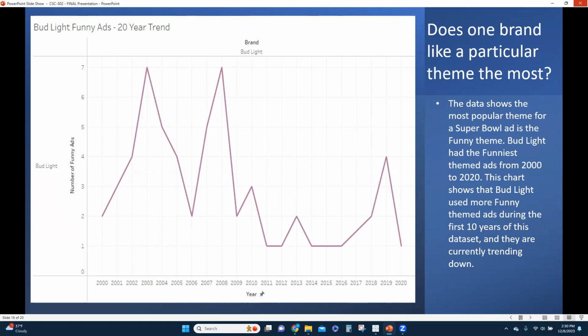So I wonder if they were just testing out their own data as well, where they were trying to see what people were saying about the funny themed ads, because they have trended downward. And aside from 2019 with 4, it does show that they are taking a little bit of a different theme. They're not going with funny theme as much.